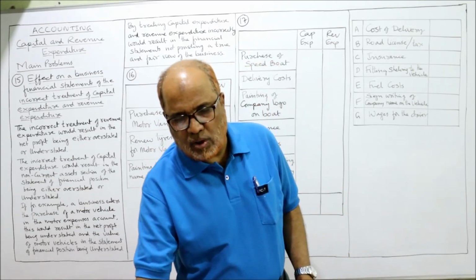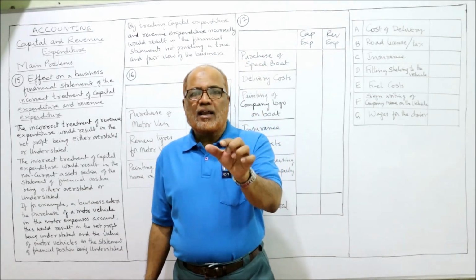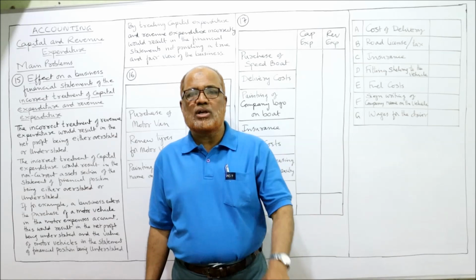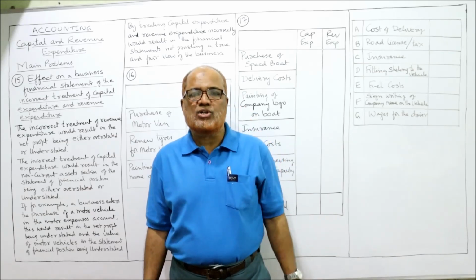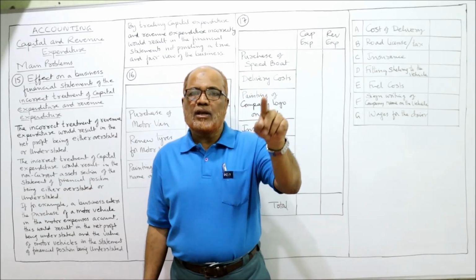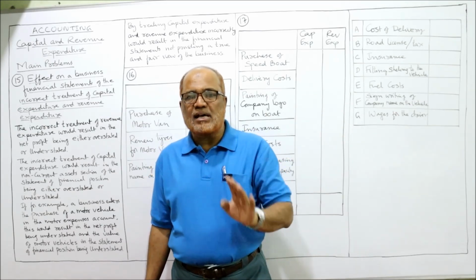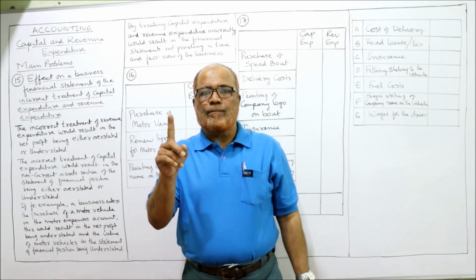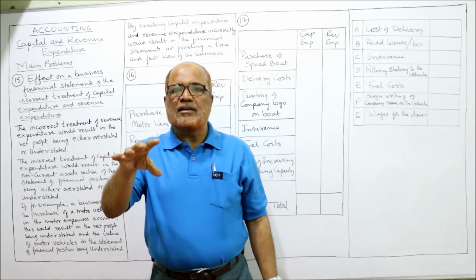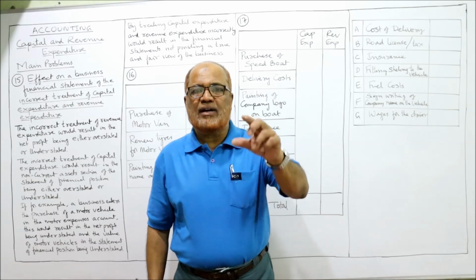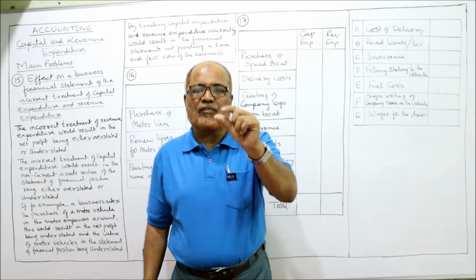In the last video also I explained, when incorrect treatment is done regarding capital expenditure and revenue expenditure, it will affect the profit and the non-current assets. So one by one and with an example I'll explain. First of all, if we make incorrect treatment of capital as revenue or revenue as capital, it will affect the income statement, profit.